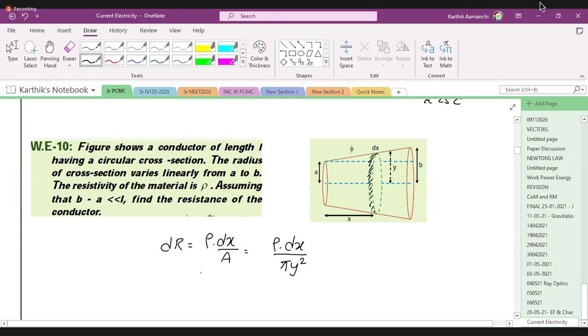How much can you take a small thing? This is one triangle, and this is another triangle. Similar triangles: b minus a by l is equal to y minus a by x.